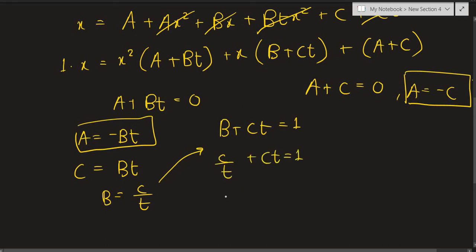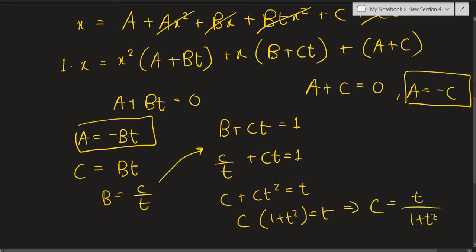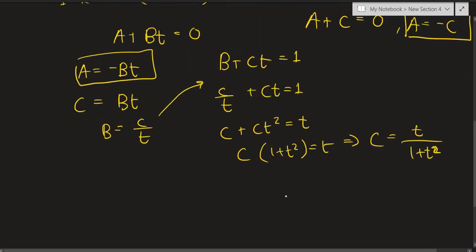We can cross multiply. We have c plus ct squared equals t. Factoring out the c, we have c times (1 plus t squared) equals t, and therefore c equals t divided by 1 plus t squared. Since a is equal to negative c, a is nothing but negative t over 1 plus t squared. B is nothing but c over t, so we just cancel out the numerator t. When we divide by t, we just obtain 1 over 1 plus t squared.